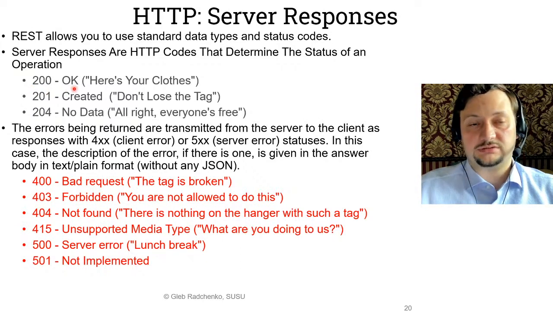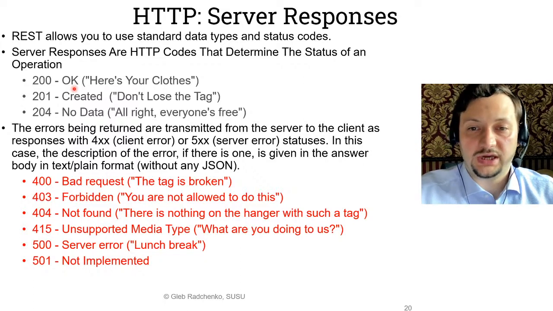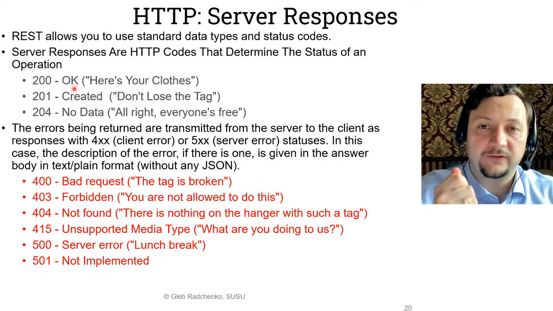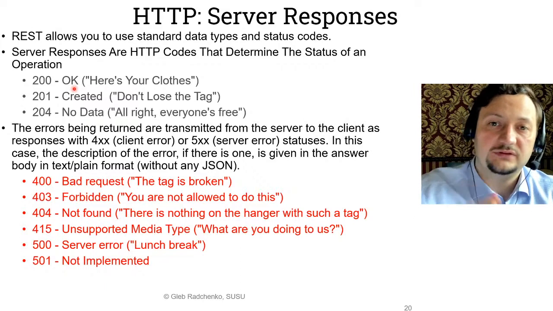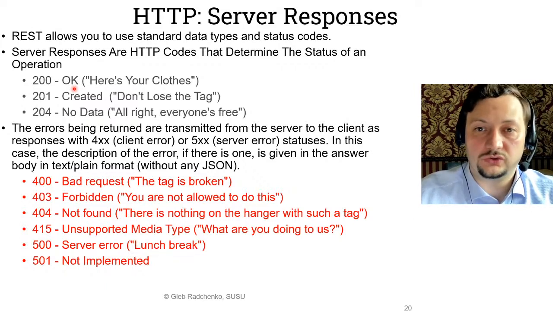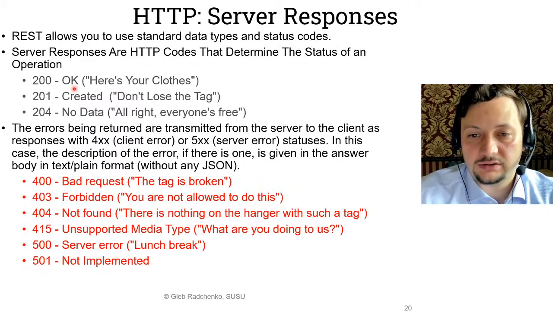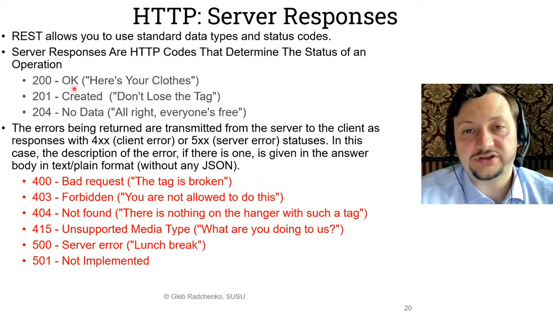So for example, let's imagine that we are going to the wardrobe and we have some tag as the identifier of the clothes that we want to get. So we give the tag to the wardrobe employee, and he or she goes inside the wardrobe and searches for our clothes on the hangers.